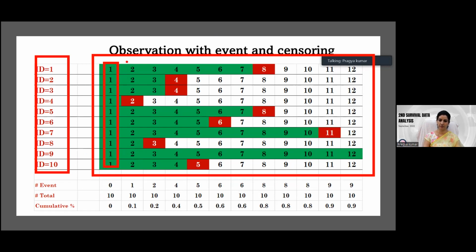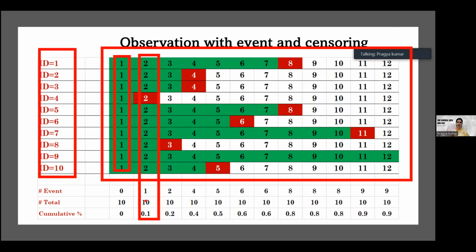Coming to the second month, how many cases happened? There is only one case, so we write 1 out of the total 10, and the cumulative is 0.1.